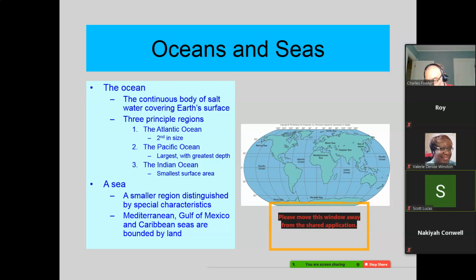And it asks for 1, 2, 3, 4, 5, 6, 7, 8 seas. And I can see 1, 2, 3, 4, 5, 6, 7, 8 seas listed on this globe. There are many other seas that they didn't list.